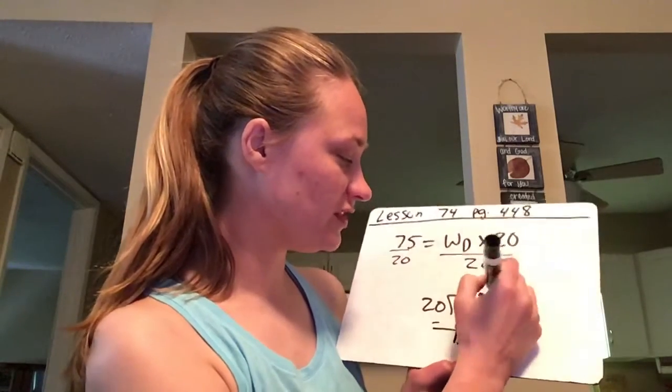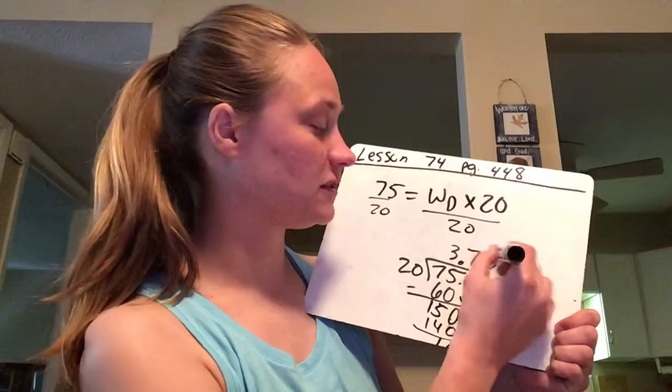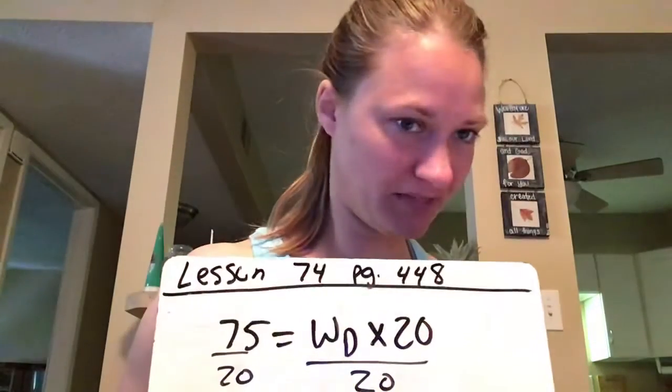I'm not trying to do a fraction. 20 goes into 150 7 times because 2 times 7 is 14. I'm going to have 10 left over. I'm going to bring down another 0. And 20 goes into 100 exactly 5 times. 3.75. 3 and 75 hundredths. That's that. Okay.